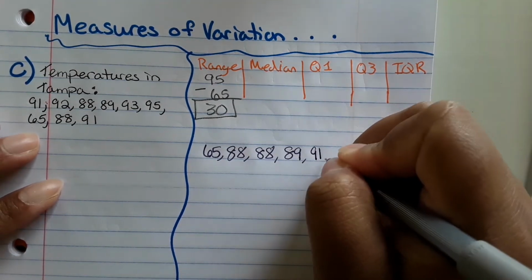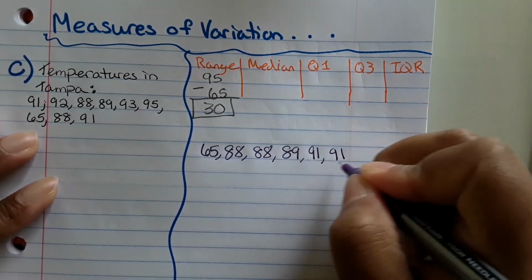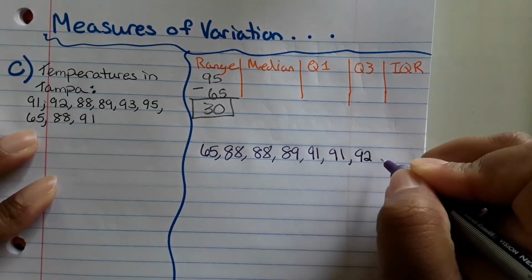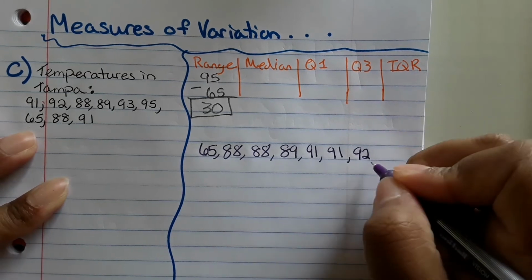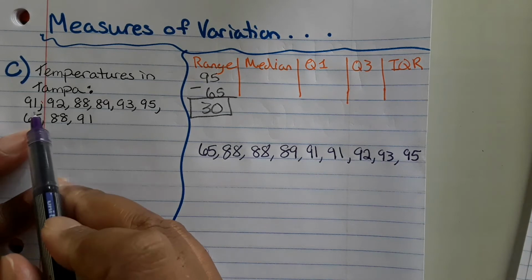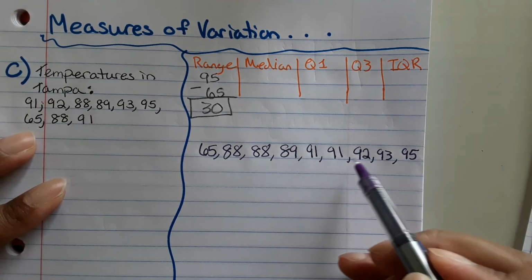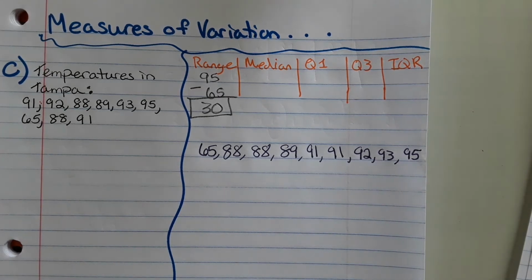Go ahead and take your time with ordering it because you want to be correct. 91, 91, then I have 92, 93, and 95. And that was 1, 2, 9. 9. Excellent. I don't want to leave one off because then I would get the wrong answer.